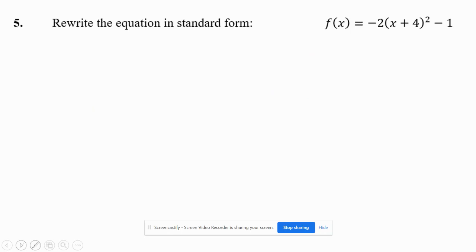All right, number 5 says rewrite the equation in standard form. So we have an equation currently in vertex form, but they want it in standard form. So they want it as y equals ax squared plus bx plus c. All right, so what we're going to do here is expand it first.